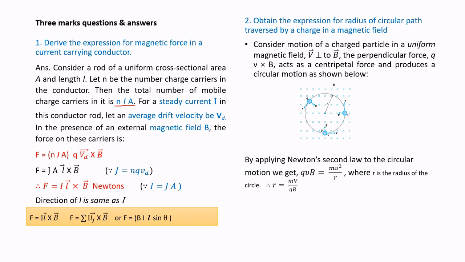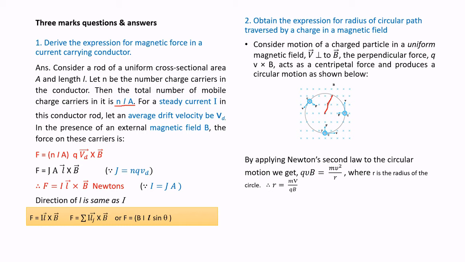By applying Newton's second law of circular motion, we get this force q into v into B, that is the magnetic force, equal to mv square by r, where r is the radius of the circle. You see, r is the radius of the circle here. So it is a centripetal force mv square by r.